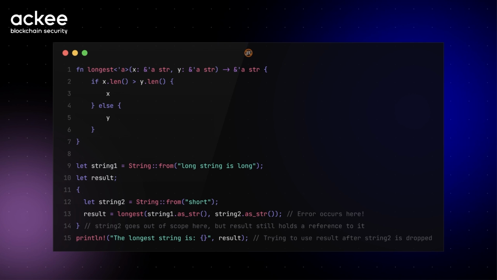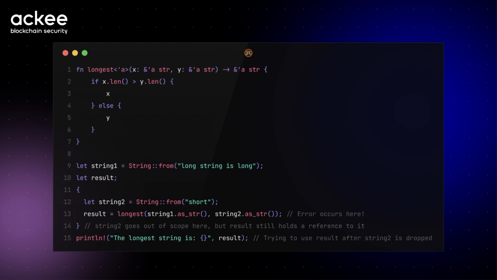And now let's go to line 9. We have defined the string1 variable, which is the owner of the string with the content "long string is long". Then we have a variable called result. We do not assign any value to this variable, which is okay.